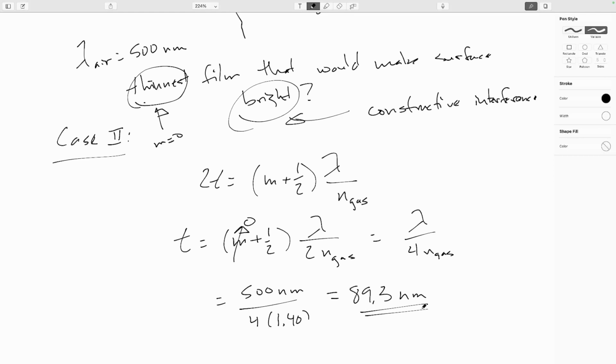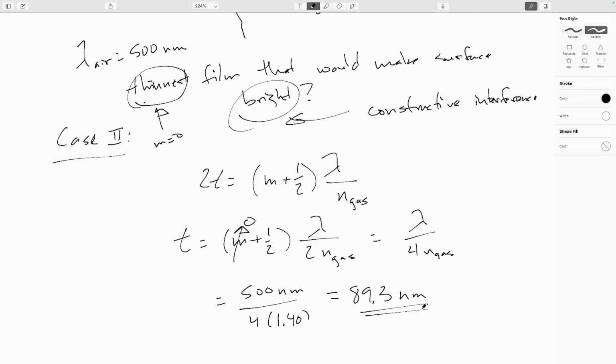nanometers. Now, one thing that you might start to wonder is when you look at numbers this small, this is 89 billionths of a meter. Start to ask yourself, how reasonable is that? Just as a general rule of thumb, a typical atom or molecule is going to be about 1/10 to 10 nanometers.